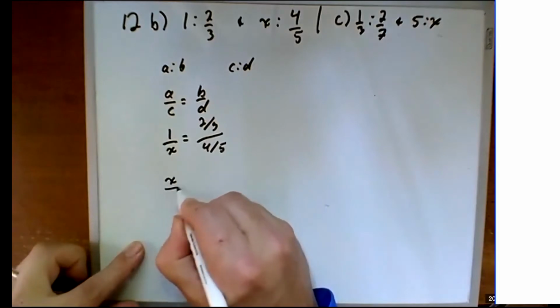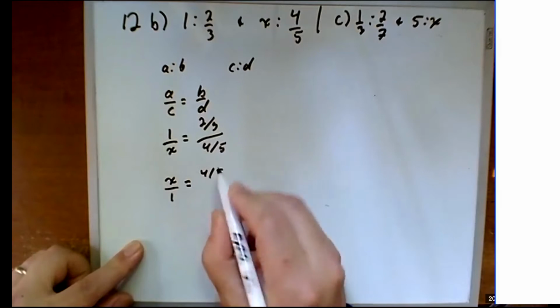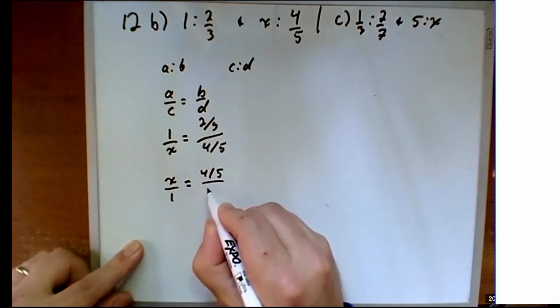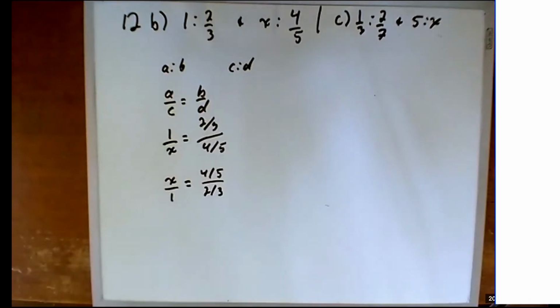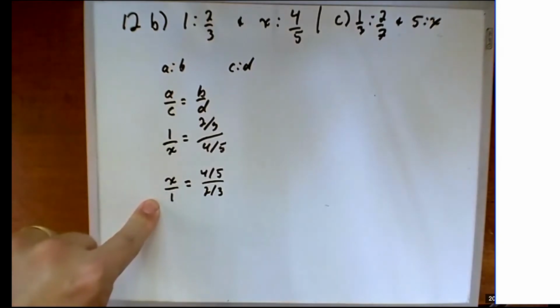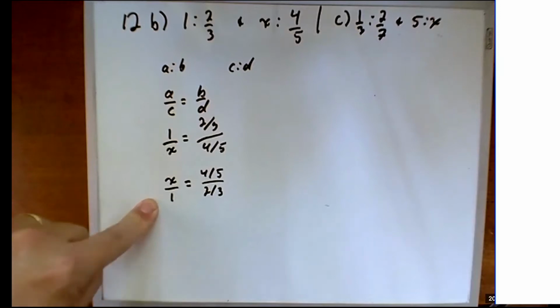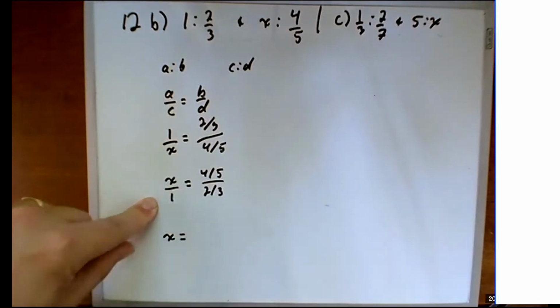So I end up with x over 1 is going to be equal to 4/5 over 2/3, okay? Now, in this particular case, the reason that I've done this is because any number over 1 is just itself. Okay, so I can immediately simplify my left-hand side down to just x.